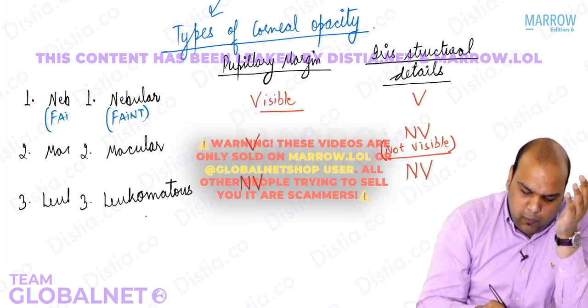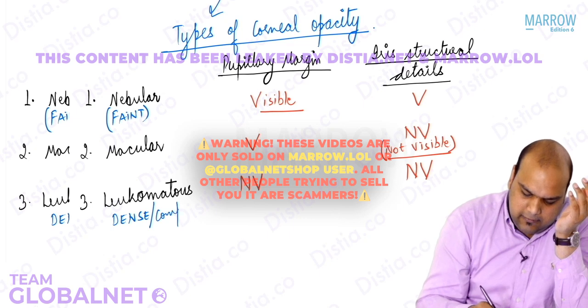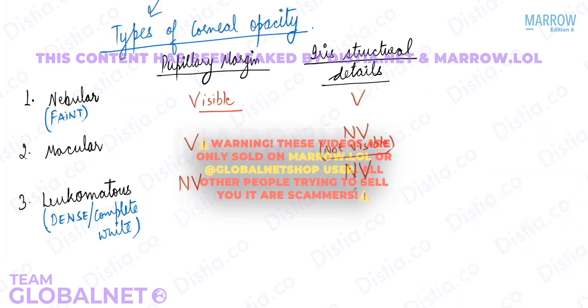But if I talk about leukomatous, leukomatous is a very dense opacity. Complete white opacity. Dense opacity or complete white. That means it will allow nothing to be visible behind it. Behind the patch of opacity, neither will you be able to see the pupillary margin, nor will you be able to see the iris details.